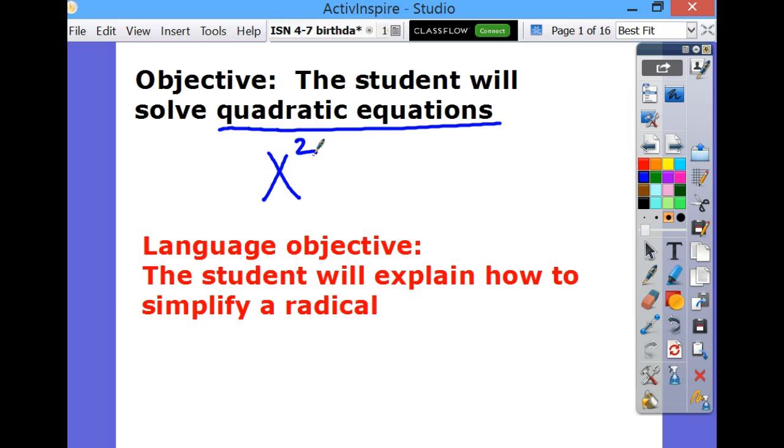Now, if x is squared, if it's a quadratic equation, we have learned two ways to solve these quadratic equations. Do you know what the two ways are? Don't everyone answer at once.